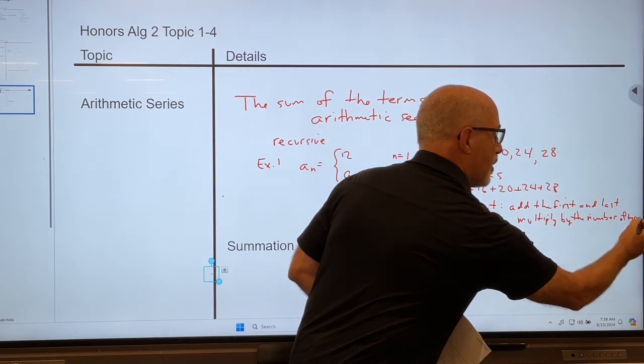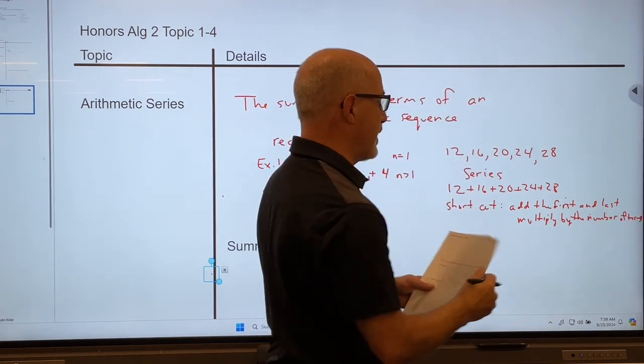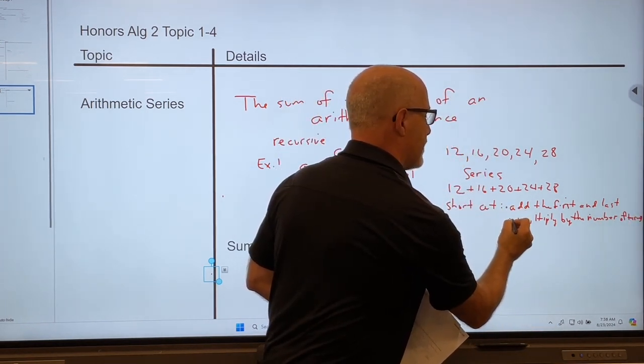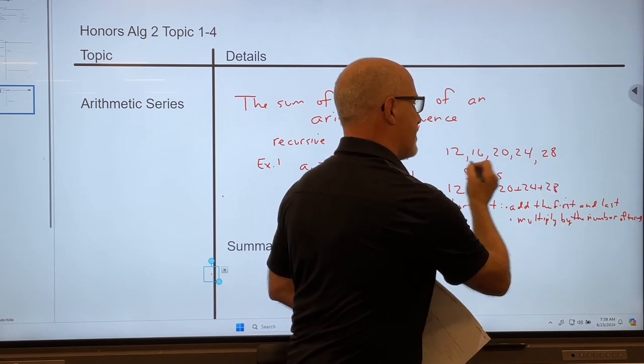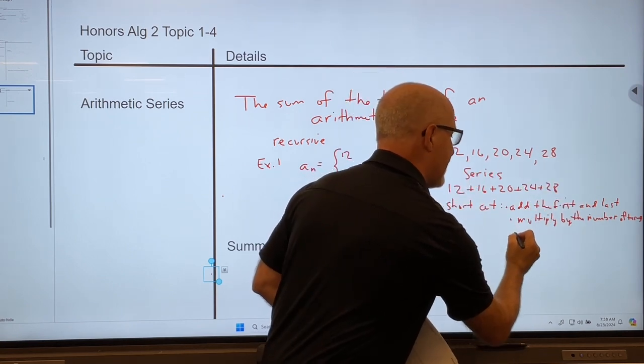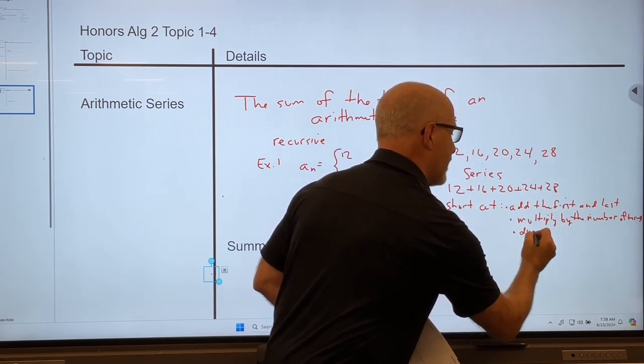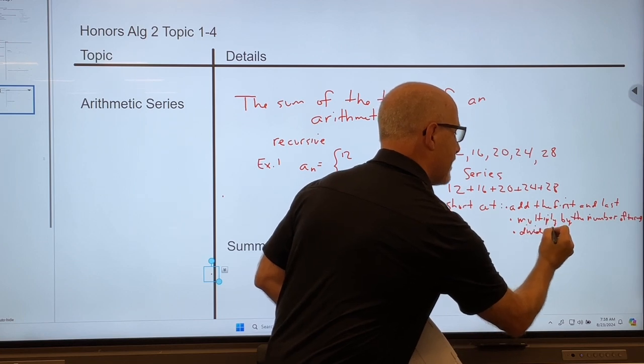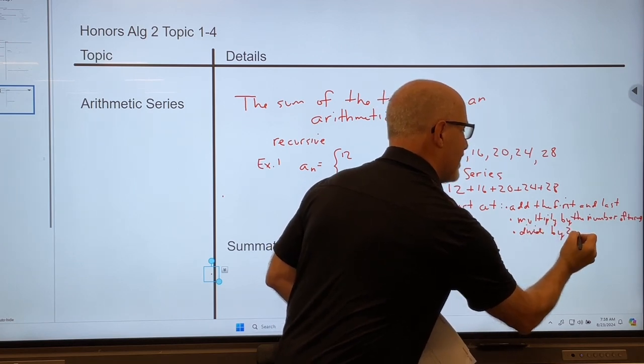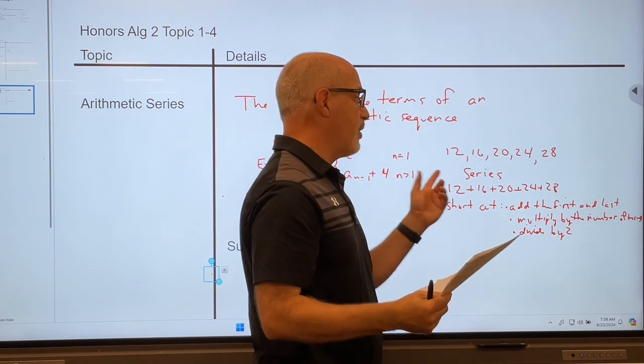Sorry, it's so small. I want to keep it one line for each. So add the first and the last, multiply by the number of terms, and then divide by 2. That's kind of a shortcut if you want to add all those up.